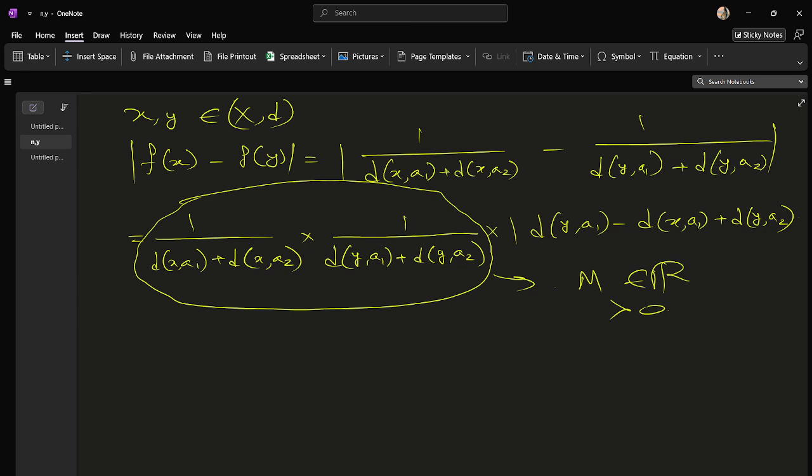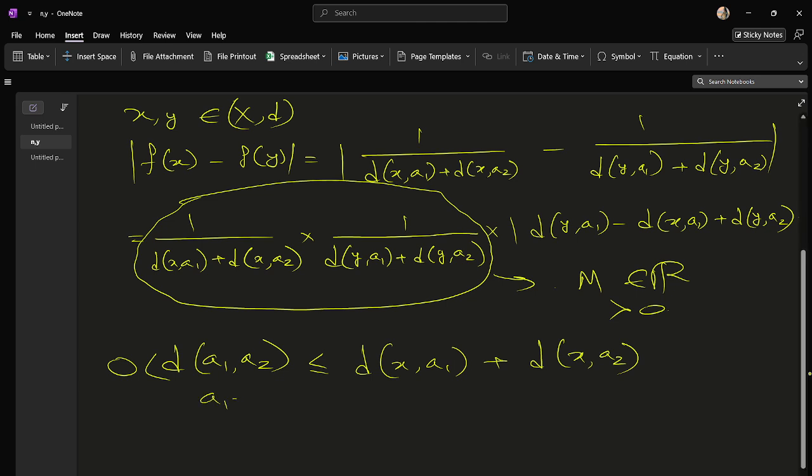Now what can be done after that? We use the triangle inequality: the distance of A1 and A2 is at most d(x, a1) plus d(x, a2). As A1 and A2 are distinct, A1 is not equal to A2, so the distance of A1, A2 is greater than 0.